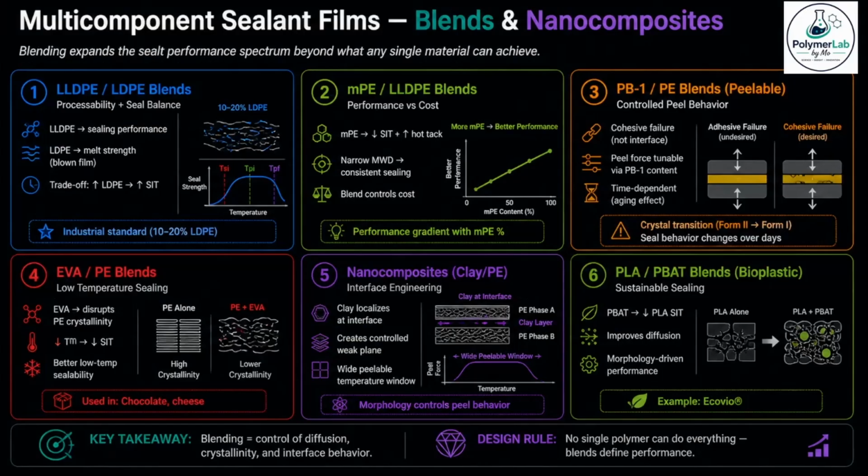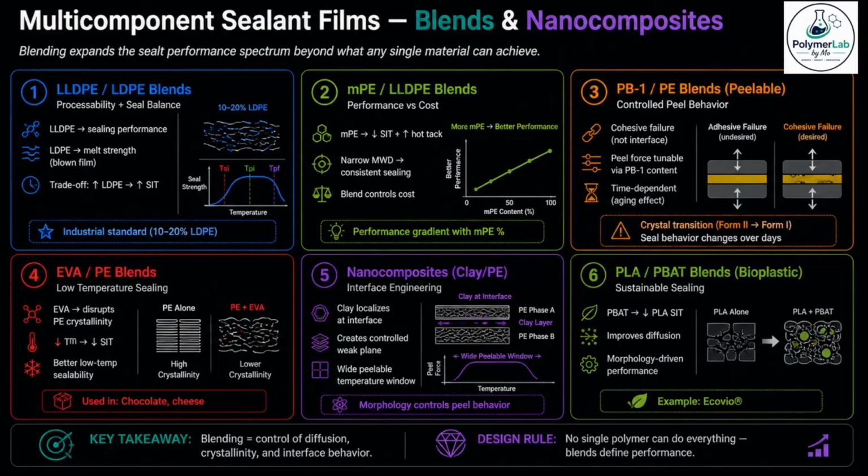Okay, here we have multi-component sealants: blends and nanocomposites. No single-component polymer can satisfy all sealing requirements simultaneously. Blending two or more polymers or adding nanoparticles allows engineering sealant performance beyond the limits of any individual material. The most common blend in flexible packaging is LLDPE with 10 to 20% LDPE. LLDPE provides sealing performance: low SIT, good hot tack, high seal strength.